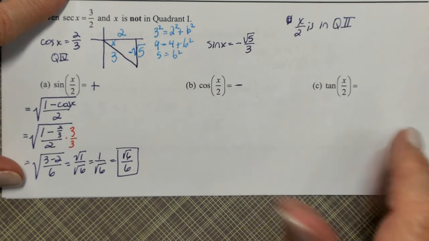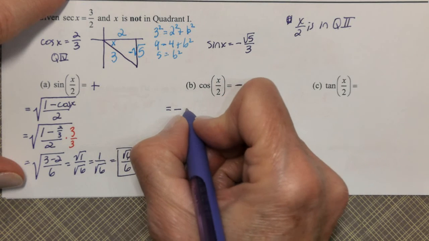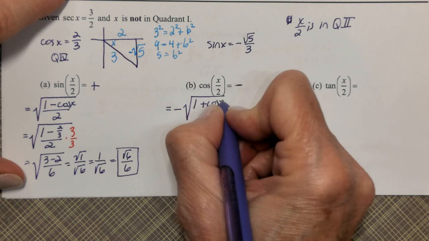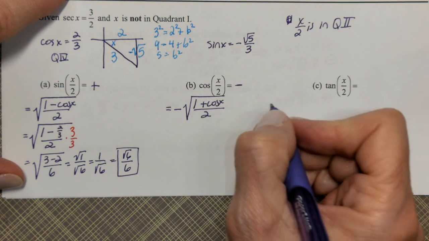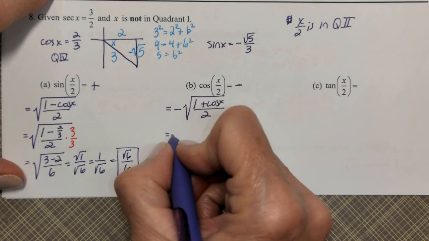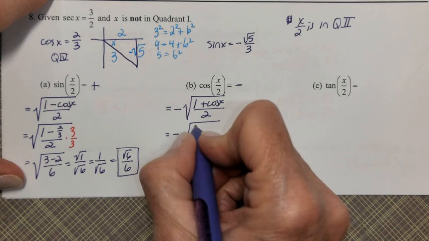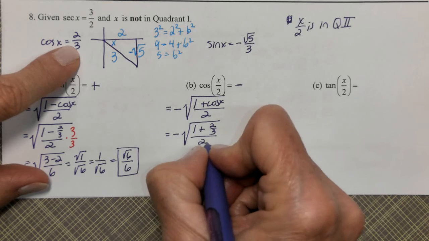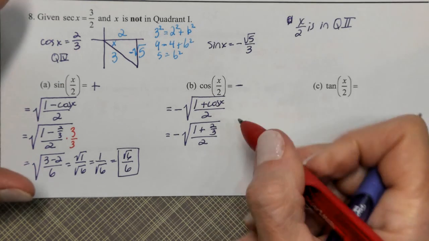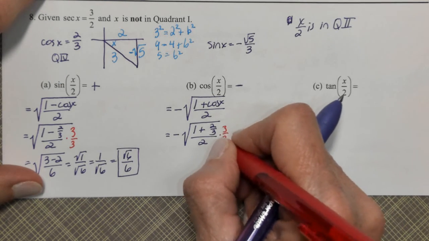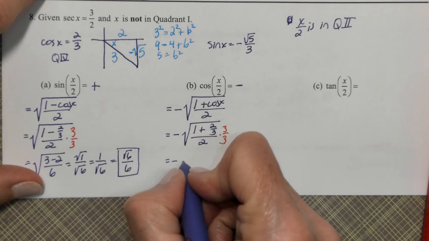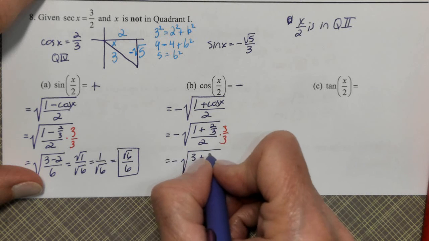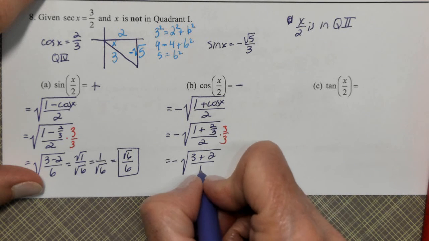For cosine, it's going to be a negative square root of 1 plus cosine x over 2. So we'll have a negative square root of 1 plus 2/3 over 2. Multiply top and bottom by 3. 3 times 1 plus the 2 here, all over 6.